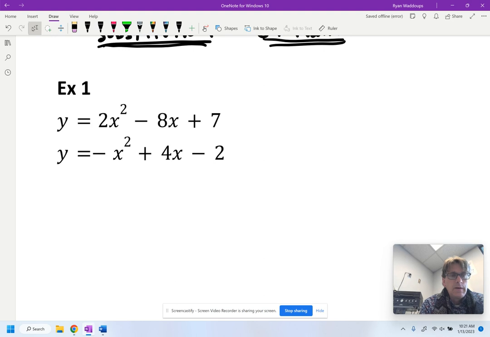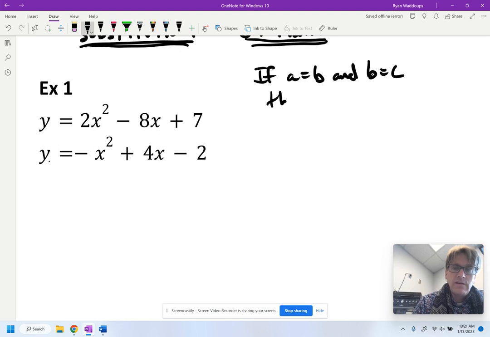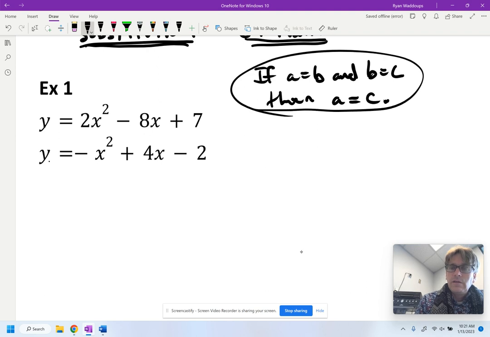In this case, both of these are equal to y. y equals this, and y equals that. So it goes back to the property that says if A equals B and B equals C, then A equals C. These two are equal to each other.